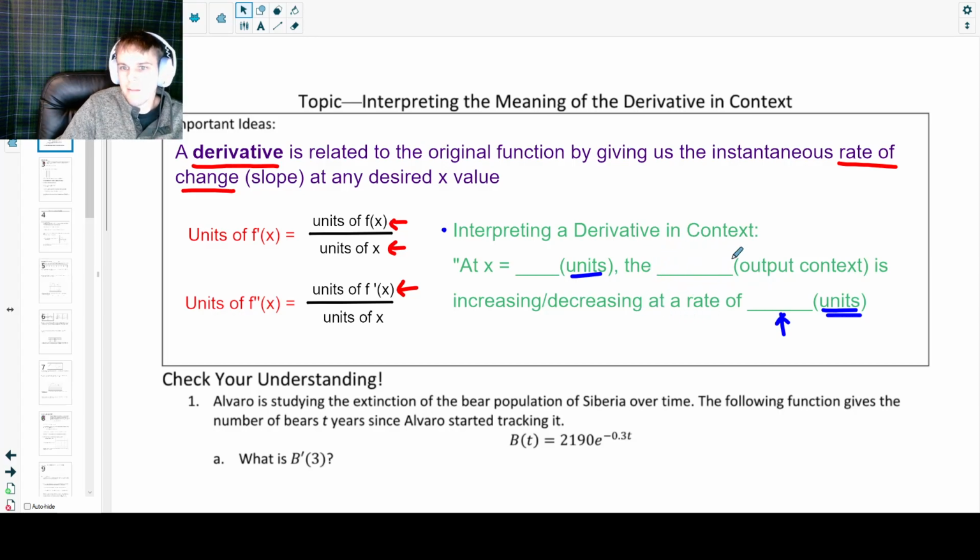Is it measuring the temperature on the stick that we were looking at? Is increasing or decreasing, right? If we have a positive rate of change, it's increasing. If we have a negative rate of change, it's decreasing. And what is the rate? Make sure to include those units, right? So this is a structure that we can use to interpret what the meaning of a particular derivative value is.